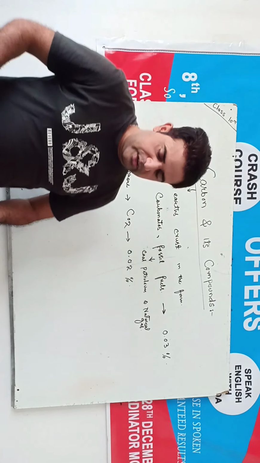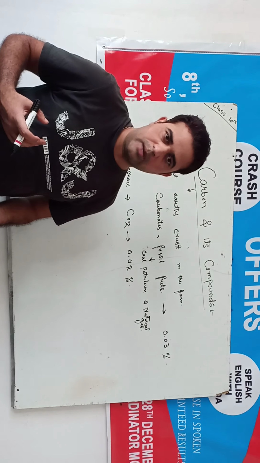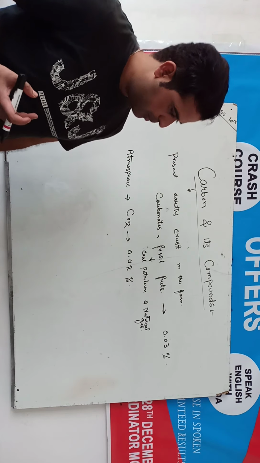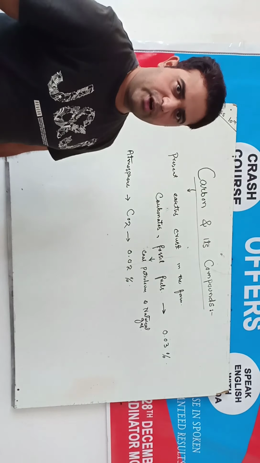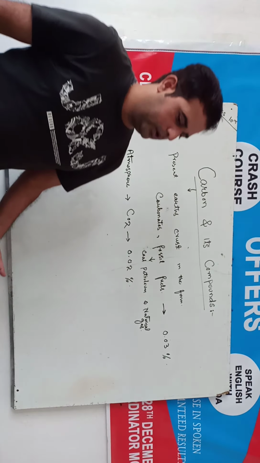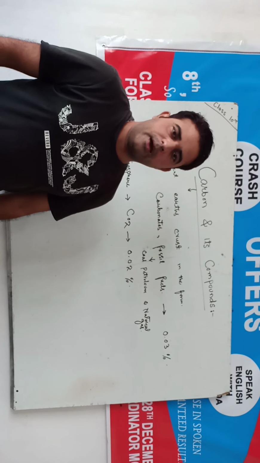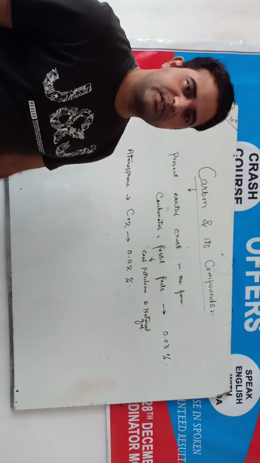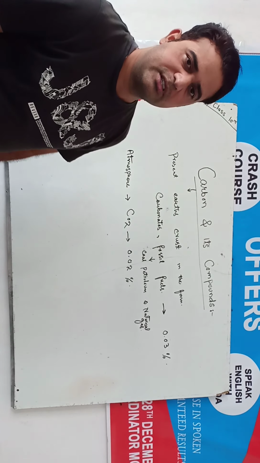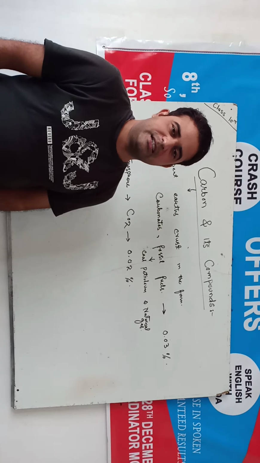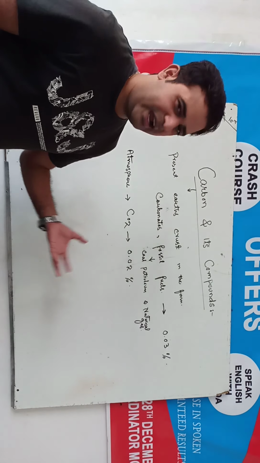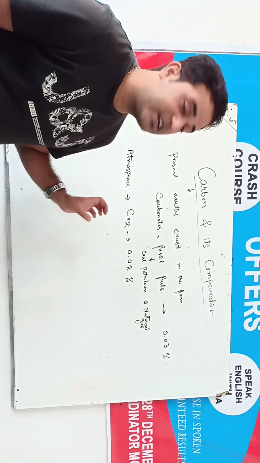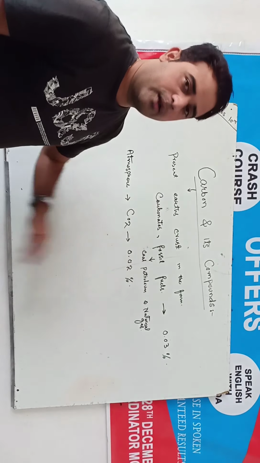Our clothes are made up of cotton or some synthetic fibers, but mostly they are made up of carbon. Our food is made up of carbohydrates, proteins, vitamins, minerals, fats, lipids. The major constituent of these fats, lipids and carbohydrates is carbon.